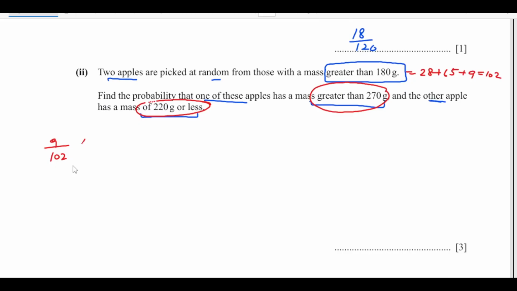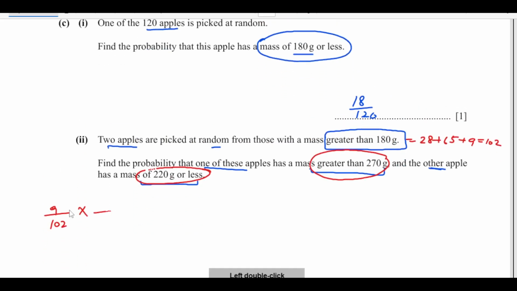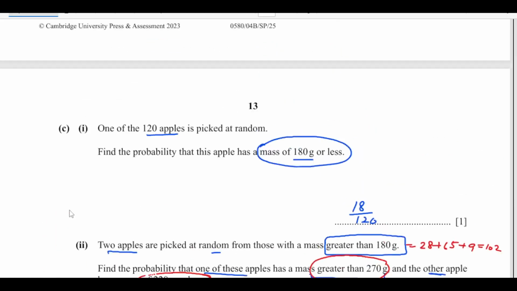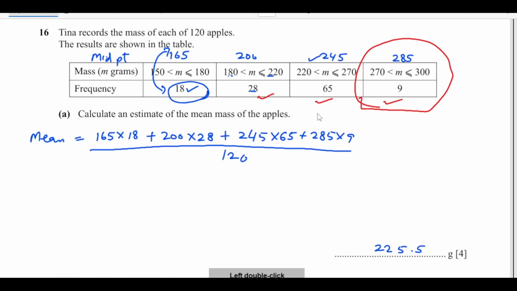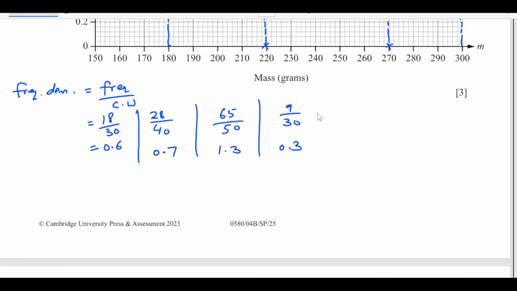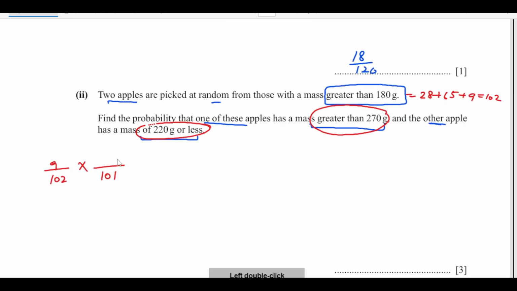And the second one, when we choose, this is mass less than 220 grams or less. So when we take the next time, the total is going to be one less than that. So 220 or less is here, this is 28. We are already taking greater than 180 and less than 220, so it is only 28. So this is one probability. It can be the other way also.